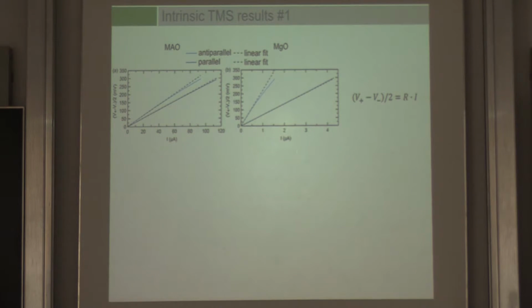We can then fit this with a linear fit at low currents, for example, and extrapolate this linear fit, and we can calculate the resistance via the proposed formulas of Zhang and Teixeira. And then we get resistance results that are close to the resistances that we got from the TMR measurements. So that is all good up to now.